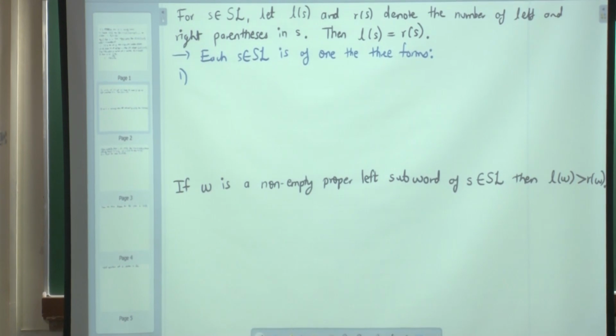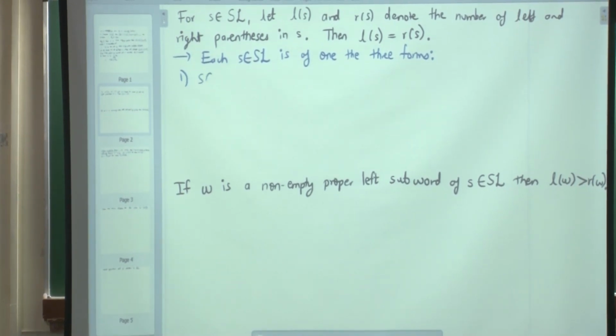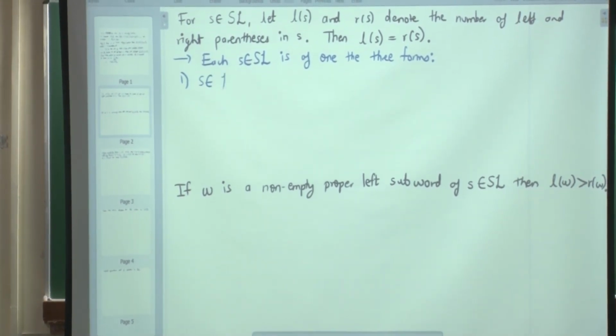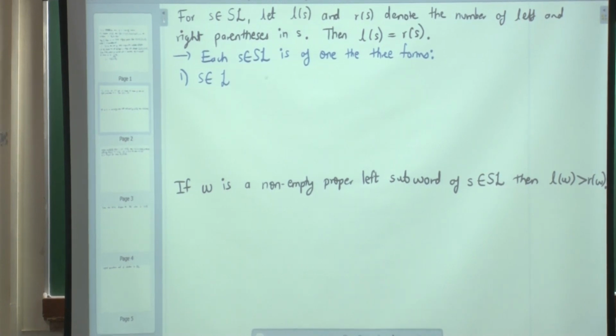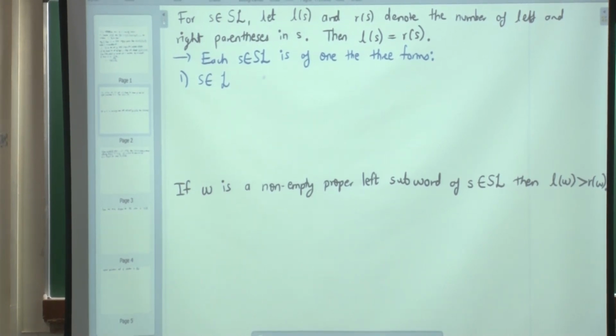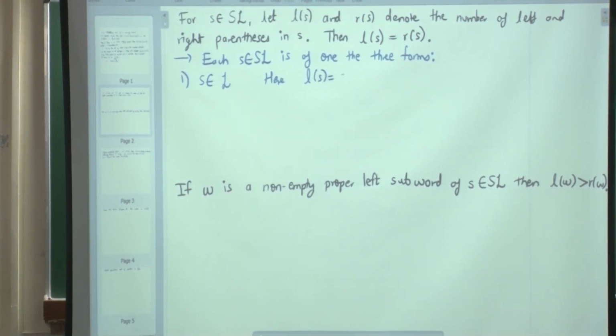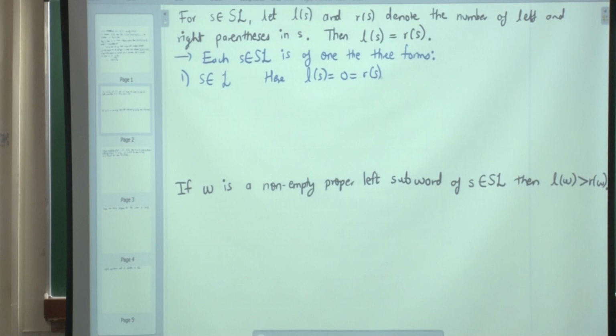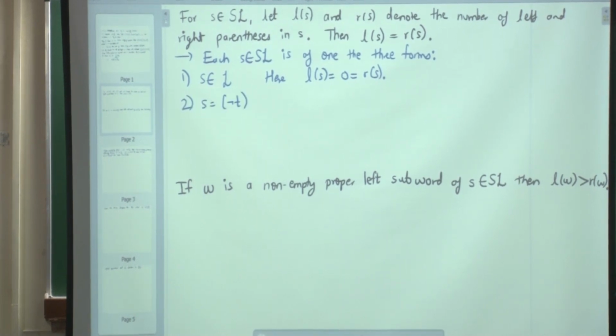The first one is that S belongs to L, and here LS is equal to 0 is equal to RS. Second, S is equal to negation T. Then what can we say? What kind of proof should we use? Induction. Proof by induction, very good.